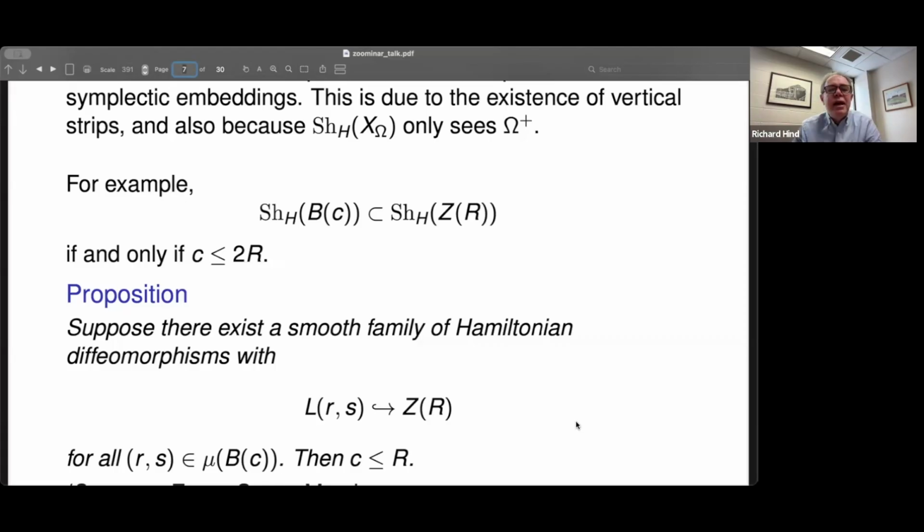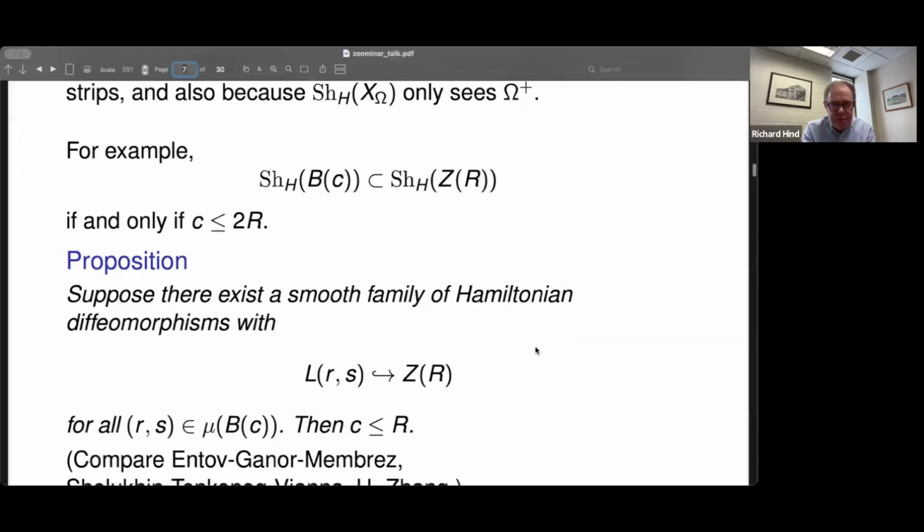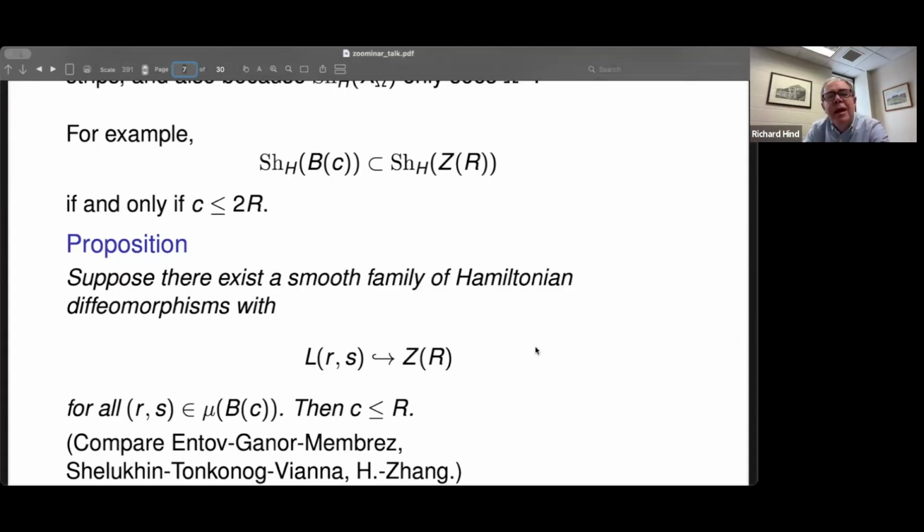So actually, I get exactly the hypotheses of this proposition here. If you assume not just that there's an embedding of each individual Lagrangian, but a smooth embedding of all Lagrangians in the moment image for a ball into a cylinder, then a consequence of that is the non-squeezing result.